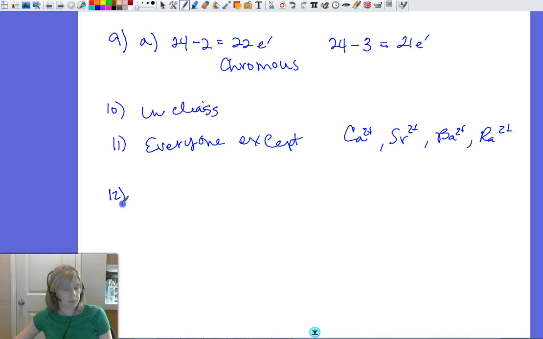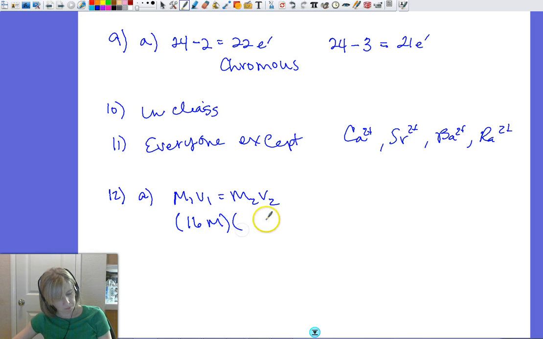Problem number 12. A says, how much water do you need to add to dilute 150 milliliters of 16 molar sulfuric acid down to 1.85 molar? So this is our M1V1 equals M2V2. So my starting concentration is 16 molar, and I have 150 milliliters.